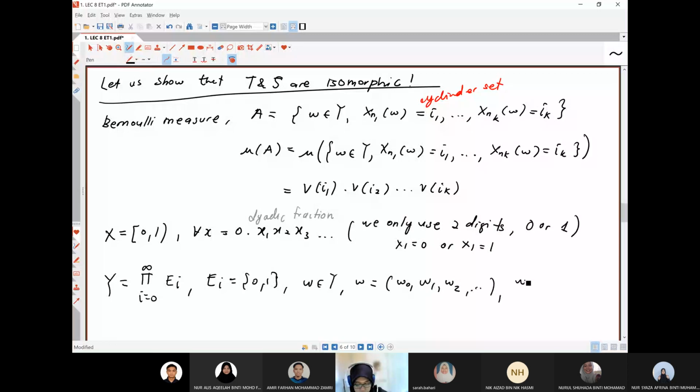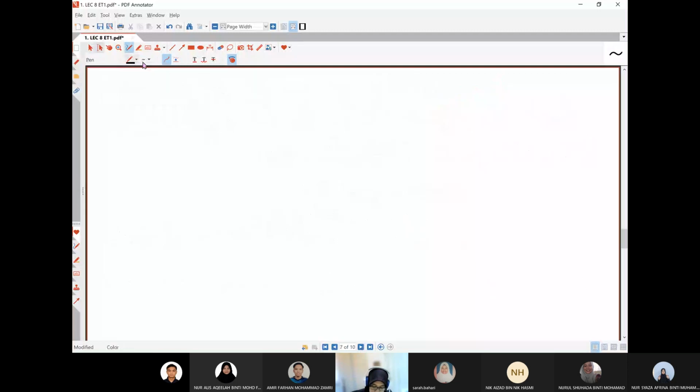So in this case omega i is either 0 or 1. Okay, so now you have these two pieces of information for each transformation.